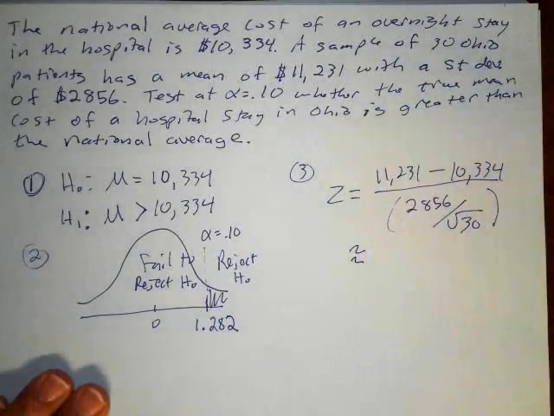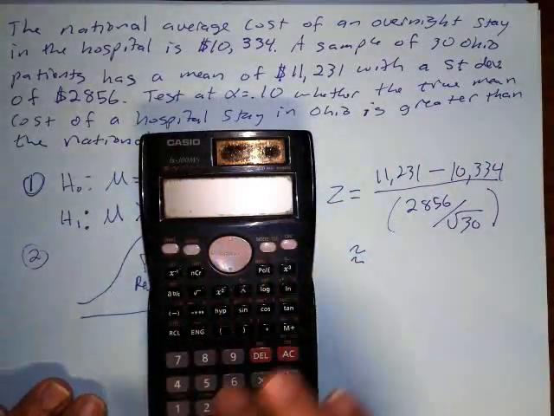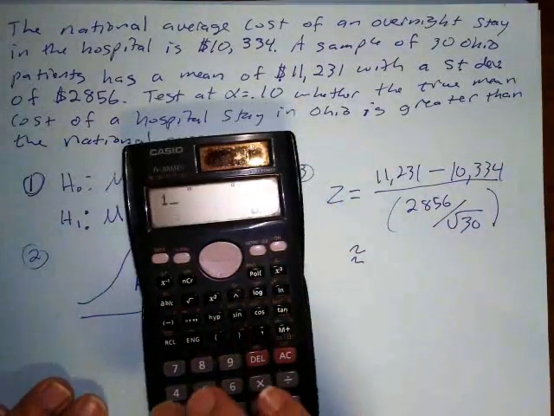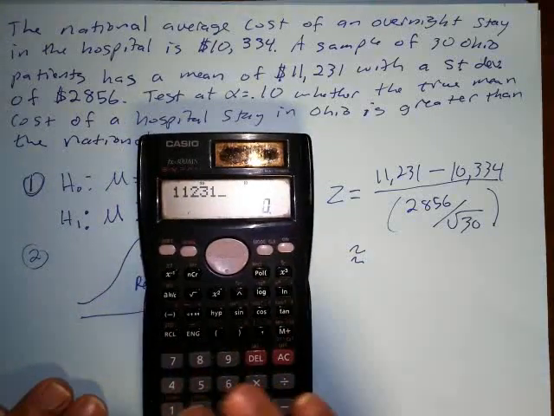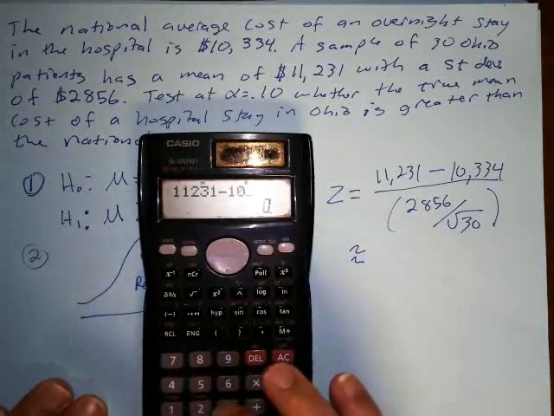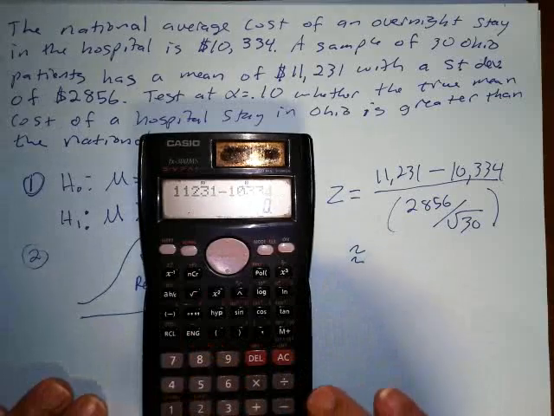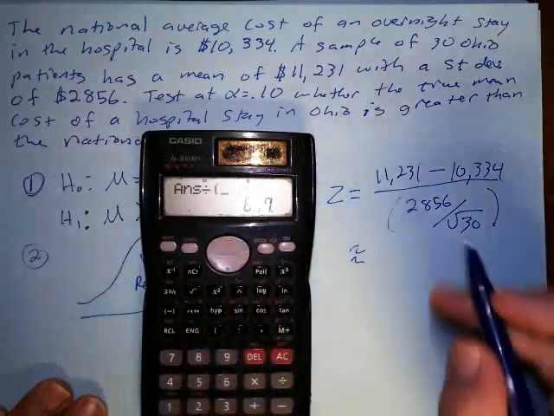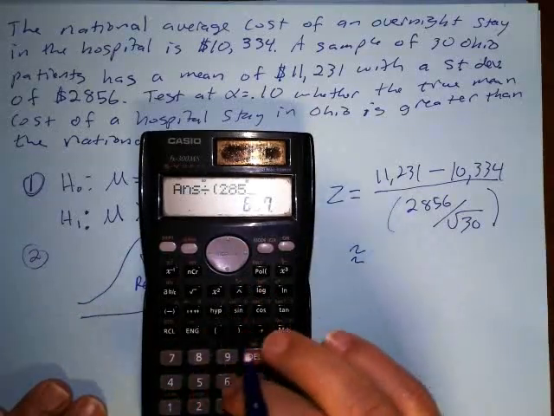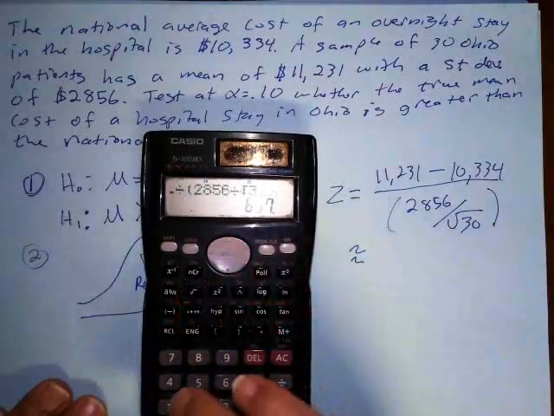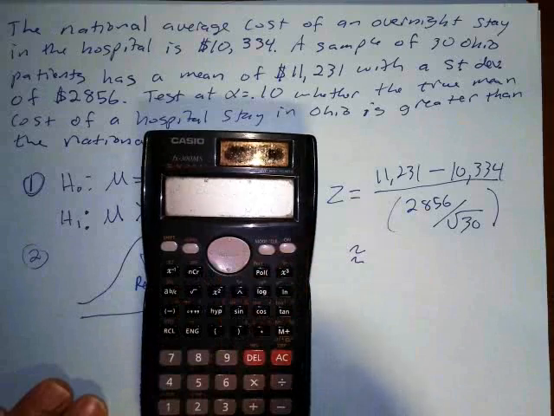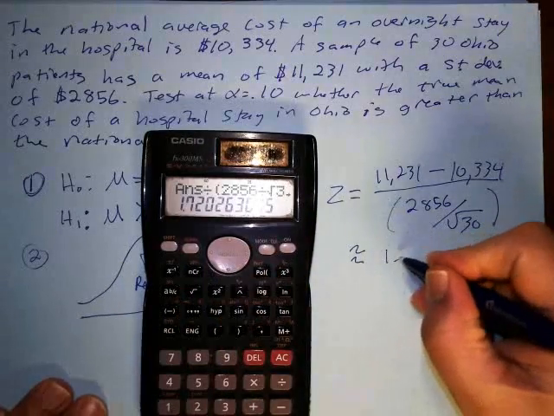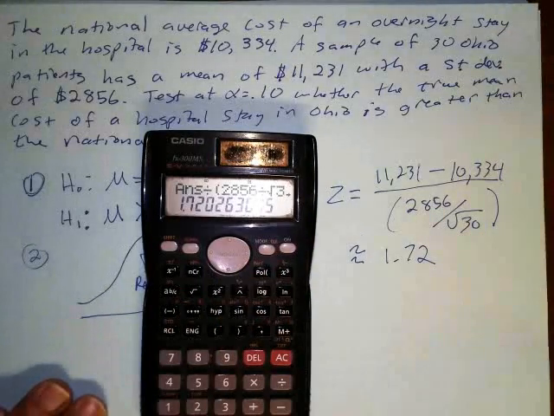Let's see what our test statistic says. 11,231 minus 10,334, then divide the difference in parentheses by 2,856 divided by the square root of 30, and I get 1.72.